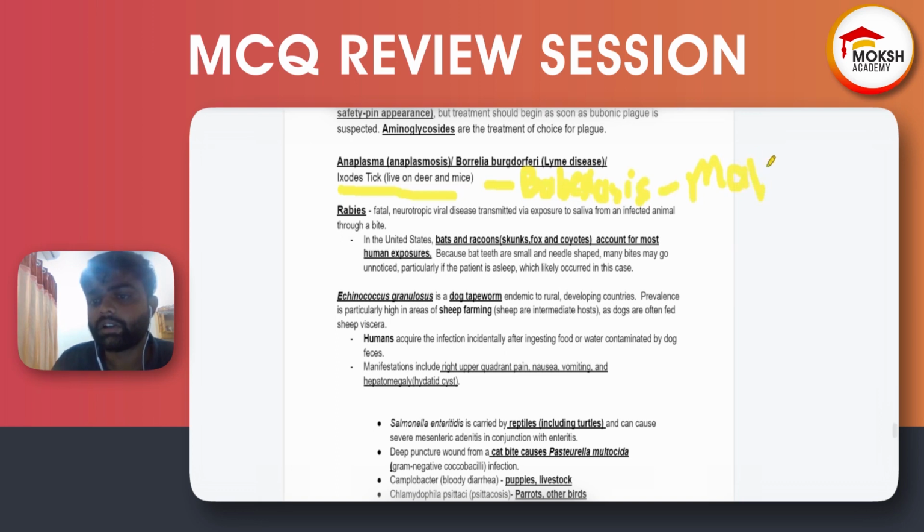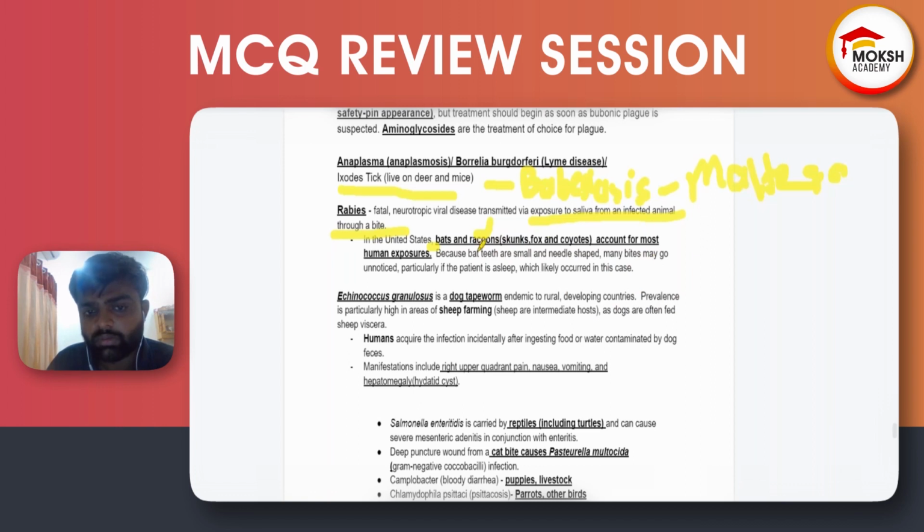Maltese cross, remember. Rabies is a fatal neurotropic viral disease that is transmitted from exposure to the saliva of infected animals through the bite. Most commonly it's seen with bats and raccoons. Remember, raccoons are the most common in certain areas of the United States like North Carolina and rural areas.